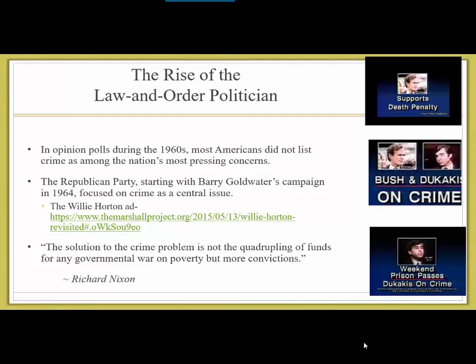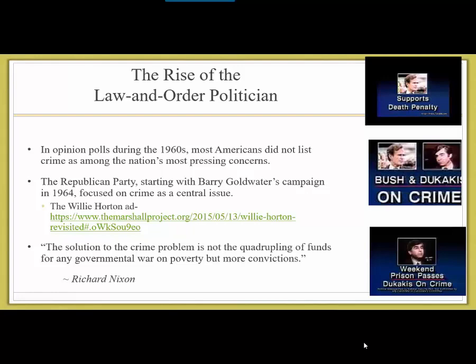A good example of one very successful campaign was George H.W. Bush, who, when he was running against Michael Dukakis, released the infamous Willie Horton ad, which, if you've never heard about that ad, I suggest clicking on that link and reading a little bit more about it.